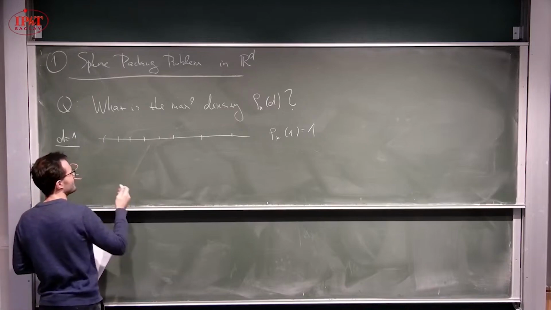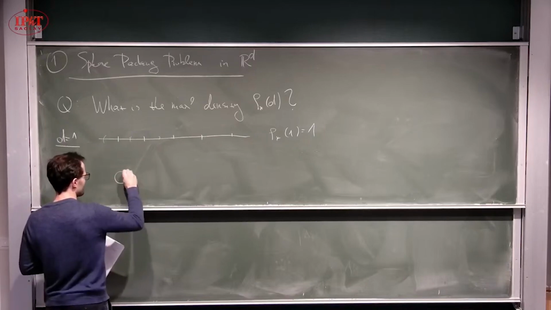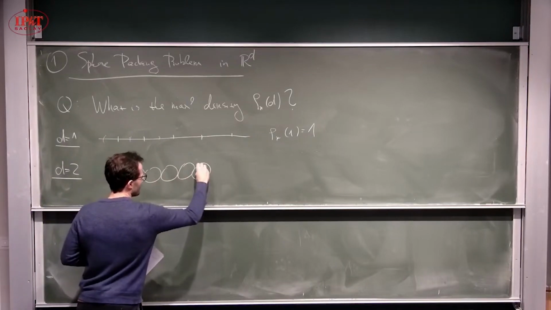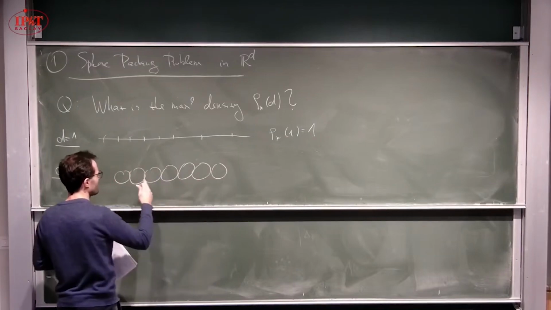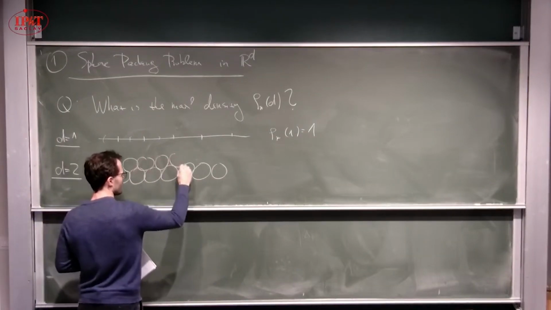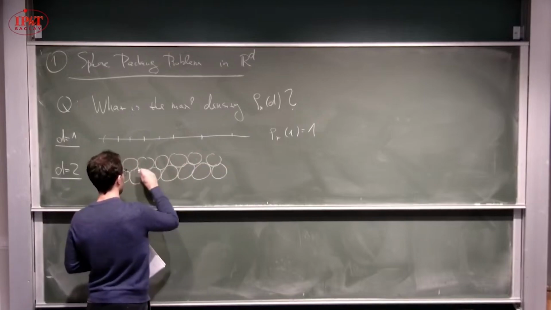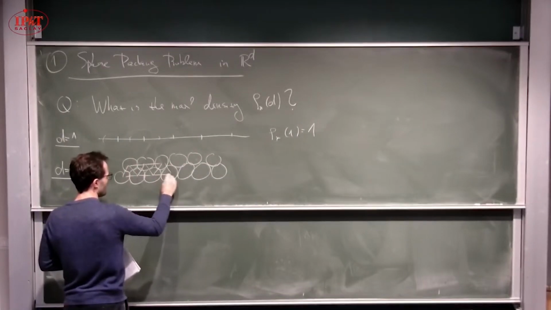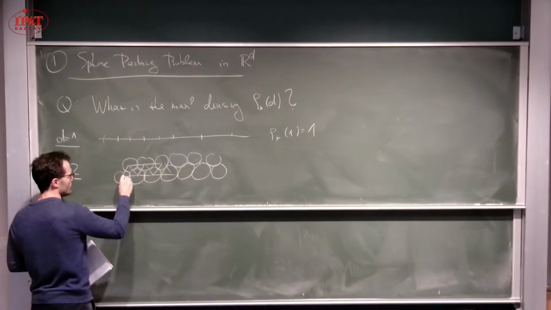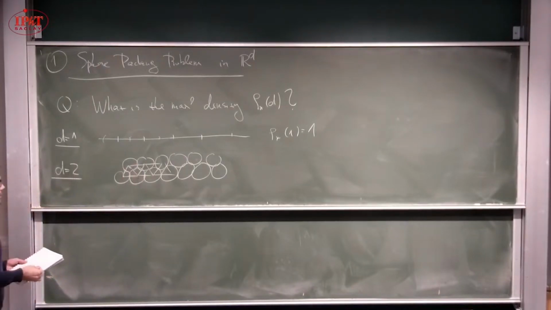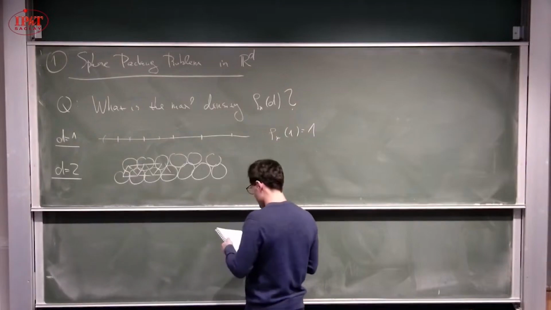You basically repeat this one-dimensional configuration, put copies next to each other, and keep stacking them, but slightly shifted so that now they lie in the valleys in between. This defines the hexagonal lattice. The unit cell is the union of two equilateral triangles. It's called the hexagonal packing.